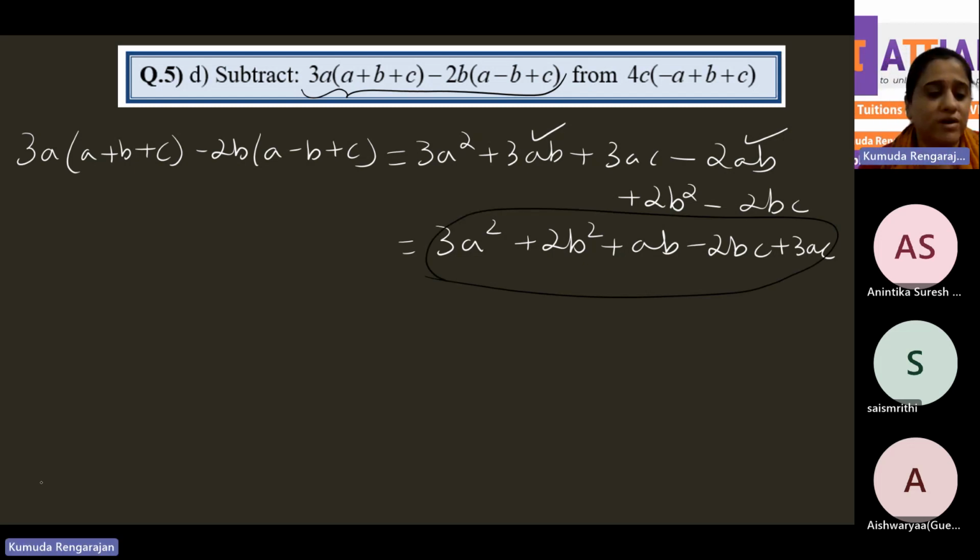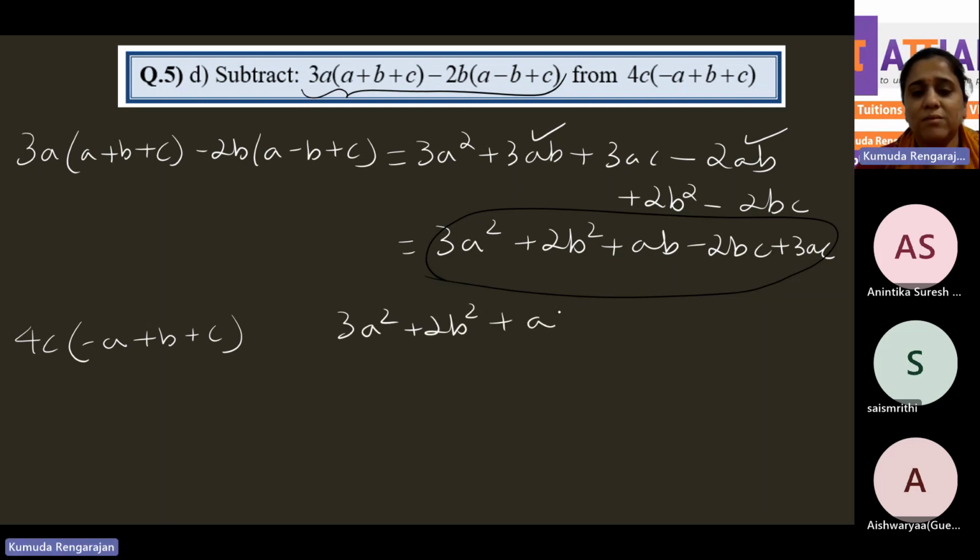Now you said from. Now in step 2, what is after from? 4c into minus a plus b plus c. And then here we have 3a squared plus 2b squared plus ab minus 2bc plus 3ac. Now you subtract. So you should put all this in a bracket.